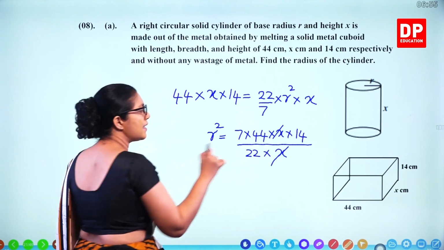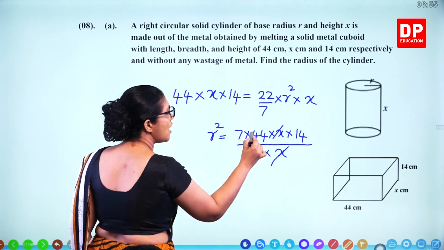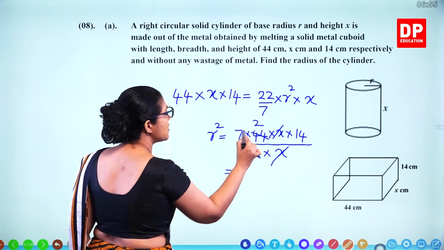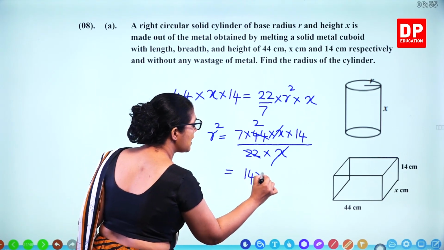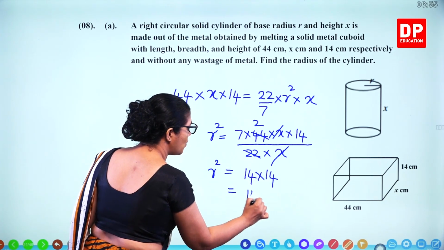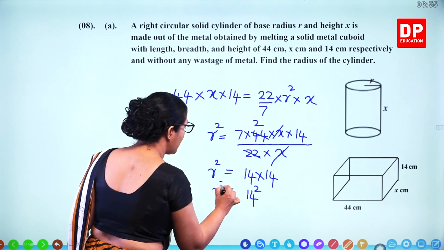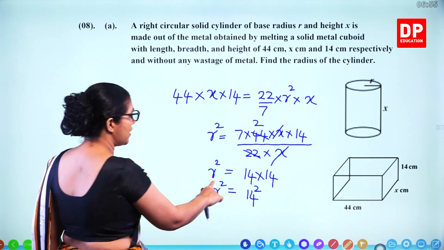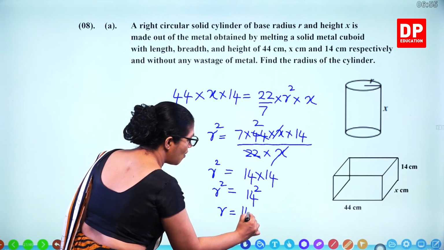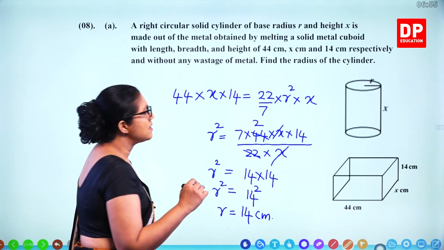The x term gets cancelled out. 22 times 2, 44. Then you get 7 times 2, 14. 14 times 14. You get 14 squared is r squared. Both are square terms, so you can equate the bases. r equals 14 centimeters.